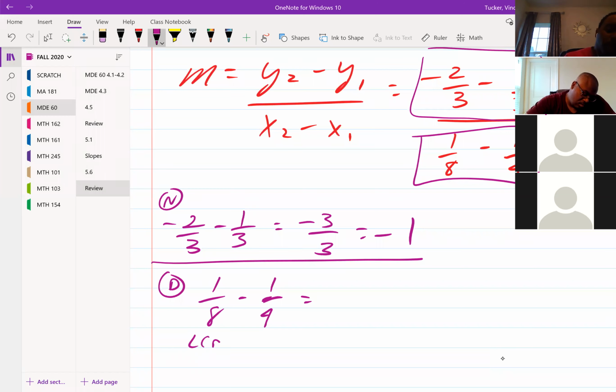Down here my LCD is going to be 8. The first fraction has an 8 already. The second one does not, so I need to multiply top and bottom by 2. Whatever you do to the bottom, you have to do to the top. So if I multiply 4 by 2 down bottom, I multiply the top by 2 as well. Now I have 1/8 minus 2/8, which is -1/8.